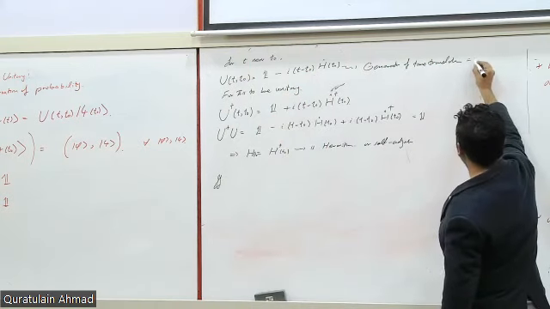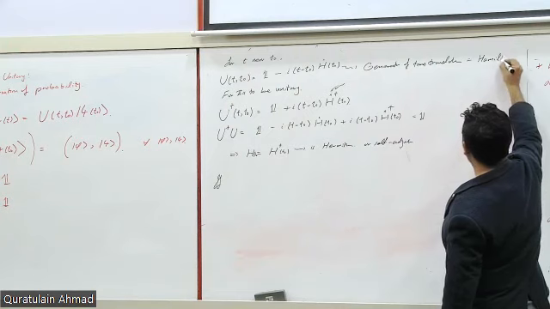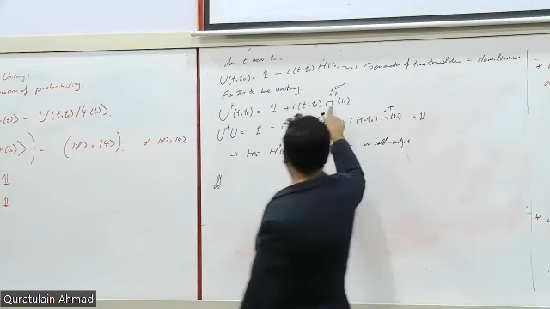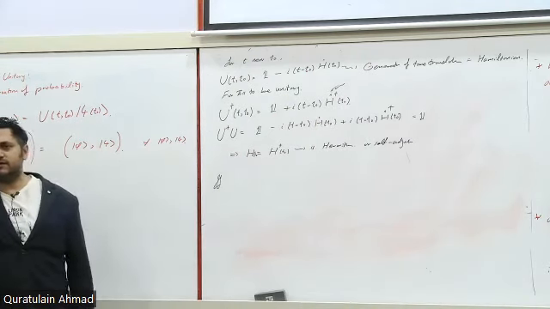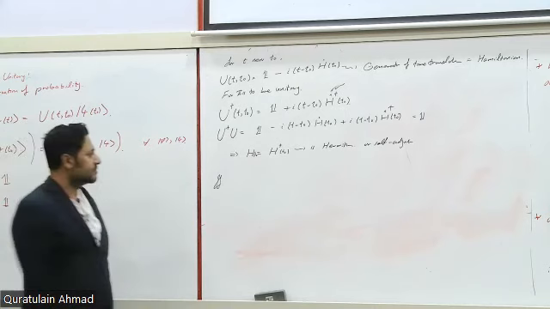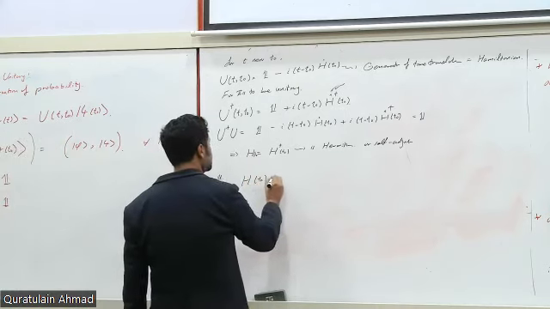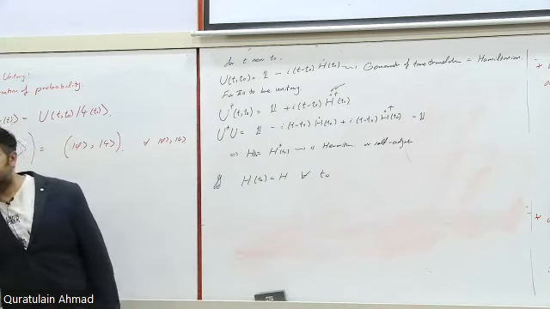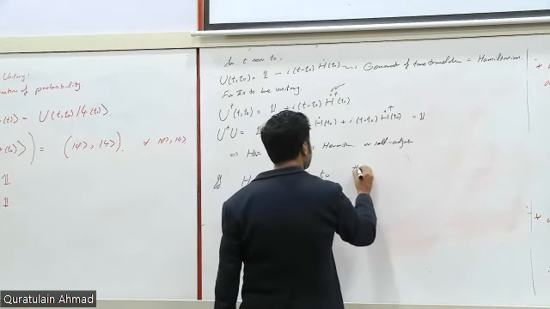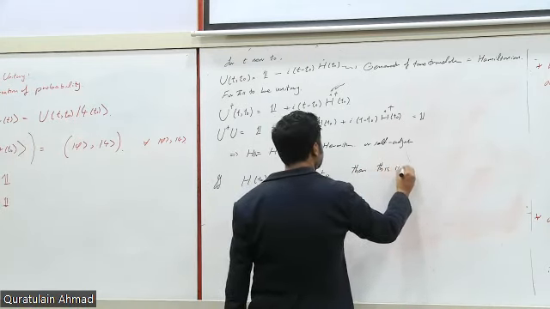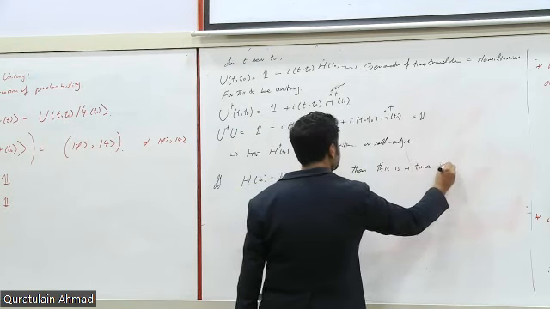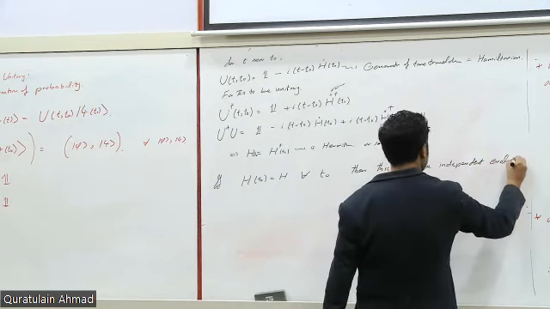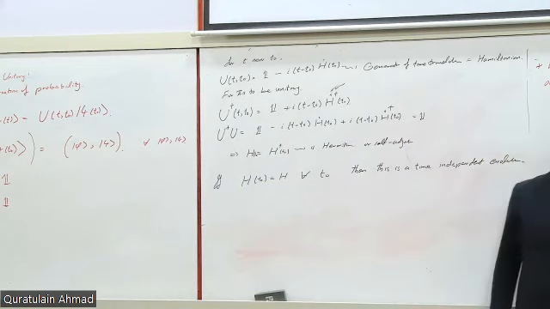It is given another name, Hamiltonian. So if the Hamiltonian is always the same, no matter which time you start from, then you call it a time independent evolution. Or you say that it's a time independent Hamiltonian.